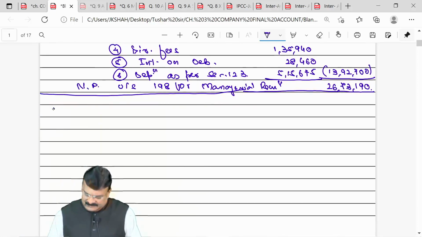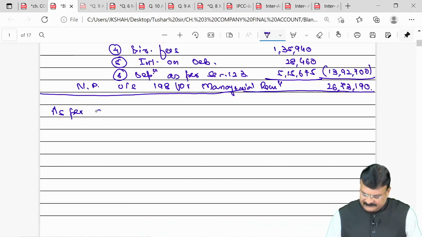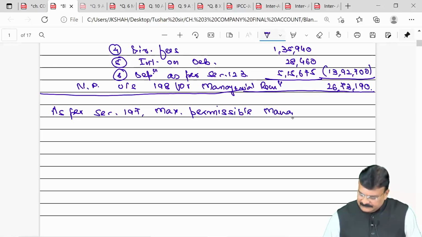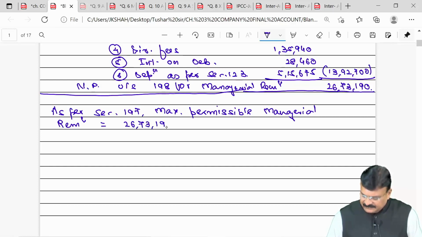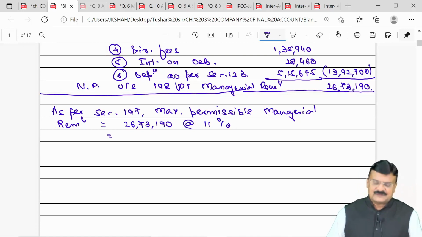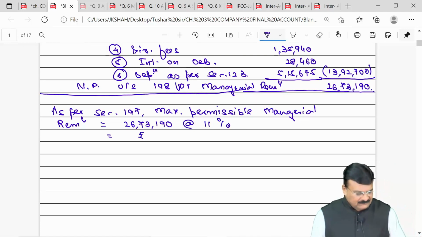So as per section 197, maximum permissible managerial remuneration will be 11% of 2673190, that is the maximum remuneration. 11% is approx rupees 294,051.